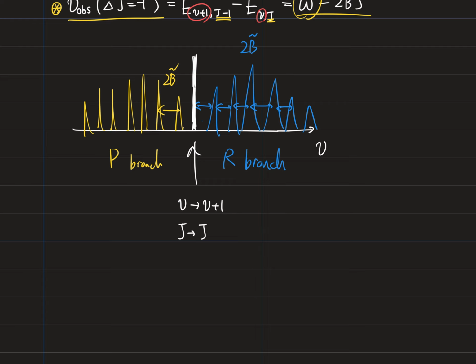The branches describe J to J plus 1, J plus 2, etc., and J minus 1, J minus 2, etc. That means the middle peak would be J equal to J. Even though it is allowed within the harmonic oscillator, it is not allowed in the rotational motion, so this peak is not observed in a real molecule.